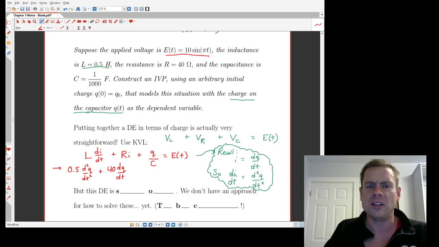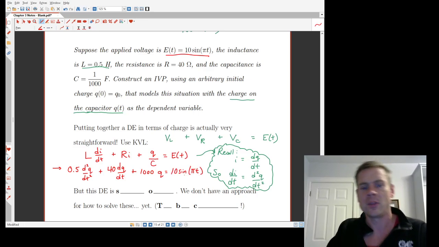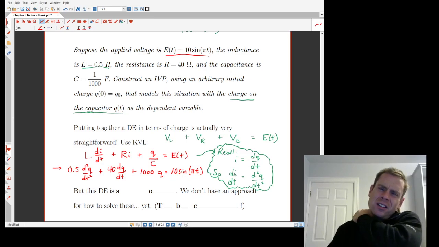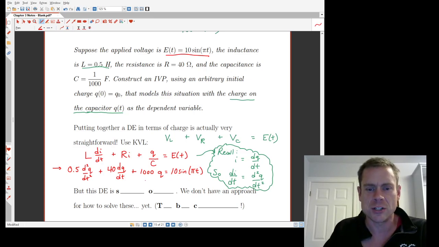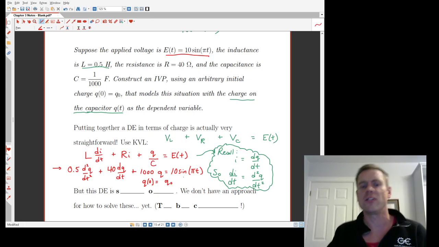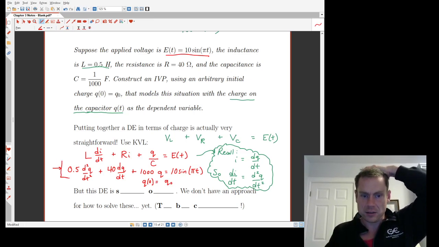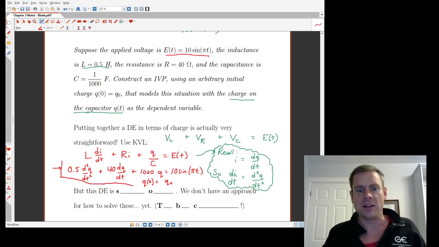And then Q over C. C was 1 over 1,000 here, so 1 over that is going to be 1,000 Q. And then that sine function, 10 sine of pi t. We said arbitrary initial charge, so q of 0 is equal to whatever it is, some constant. And this here is the initial value problem.